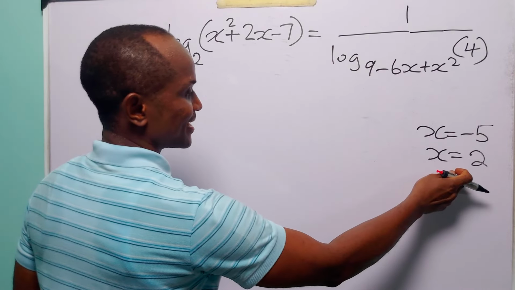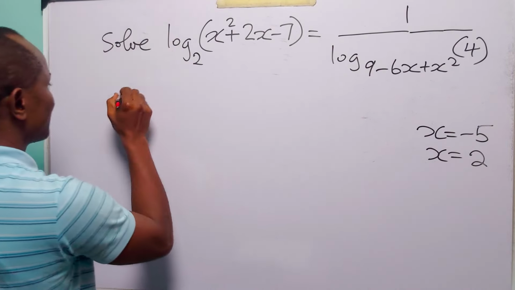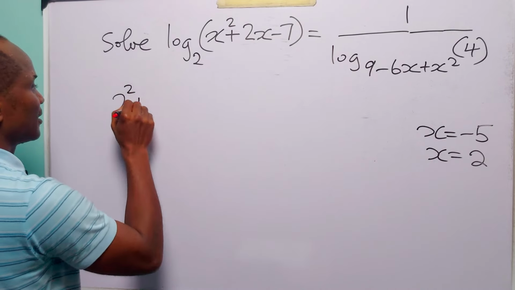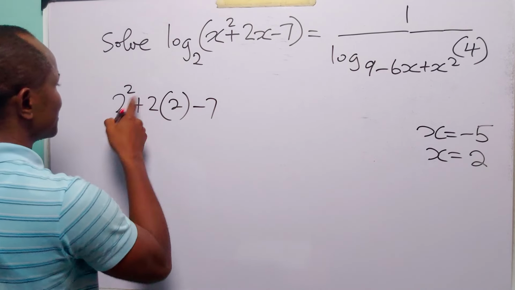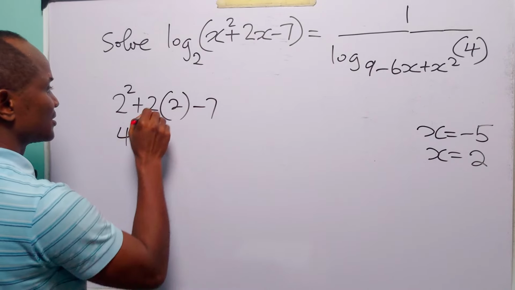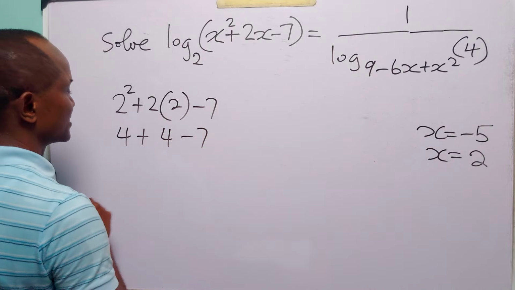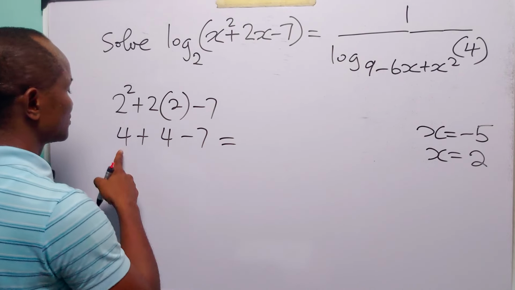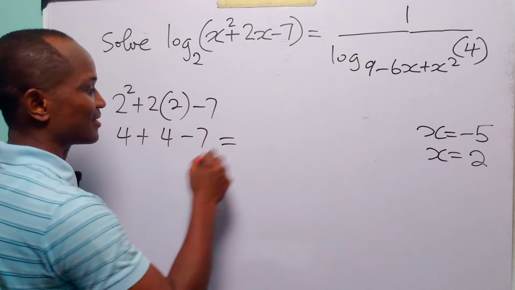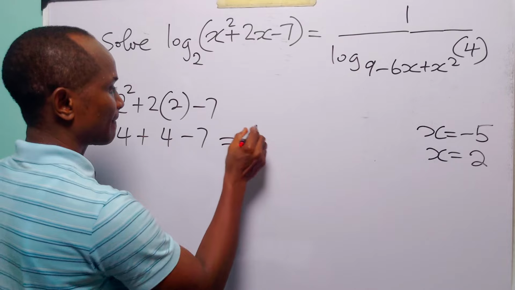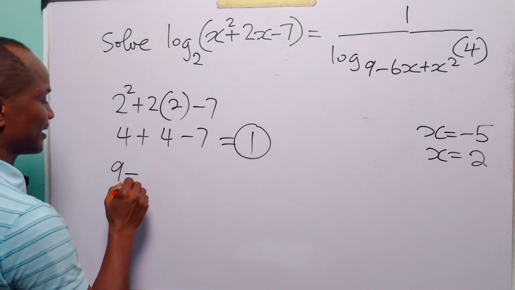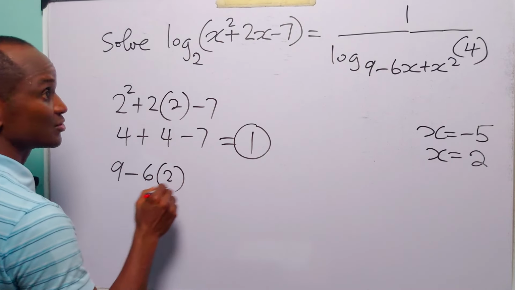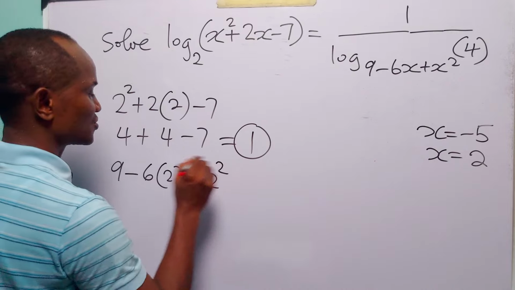Now, when x is equal to 2, here we have 2 squared plus 2 times 2 minus 7. 2 squared is 4. 2 times 2 is 4 minus 7. This is equal to 4 plus 4 is 8 minus 7, 1. And in this case, we have 9 minus 6 times 2 plus 2 squared.